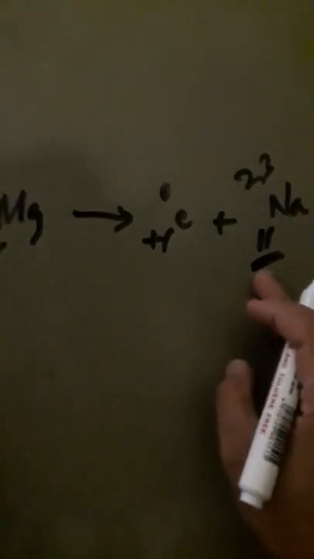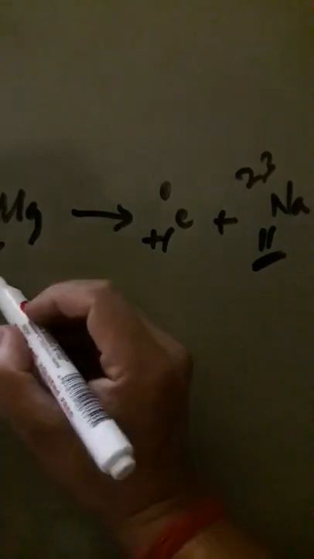So 11 means sodium, and the mass will be 23. So you will be getting a daughter element having atomic number 11 and mass number 23. So what is happening here? Emission of a positron usually shifts the position of the daughter element by 1 group to the left. One group to the left. Previously it was 12. Now you have 11. Is it okay?